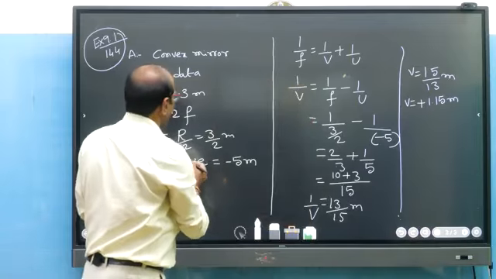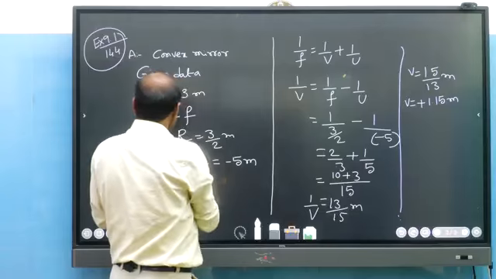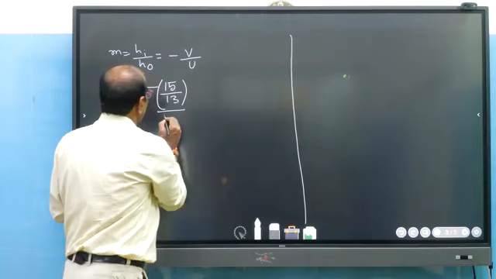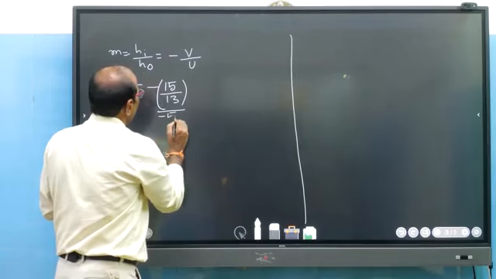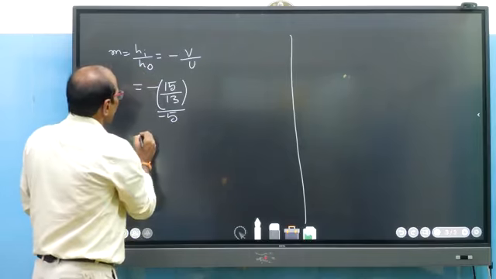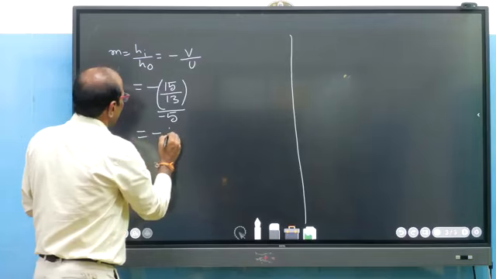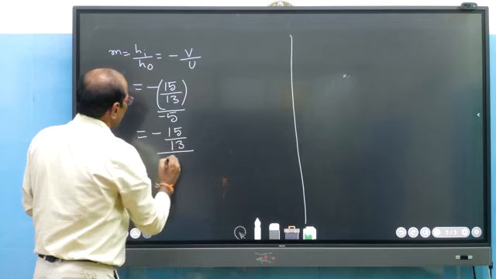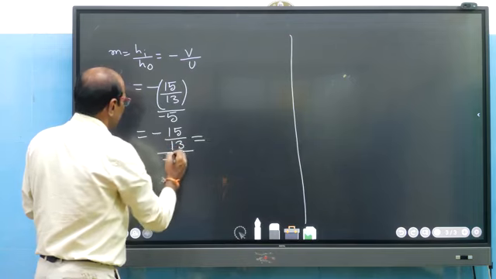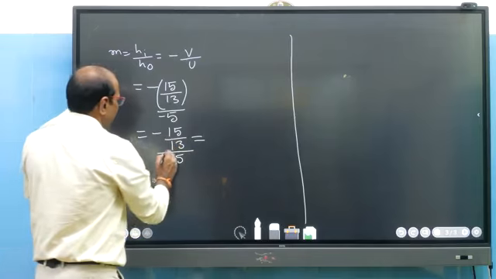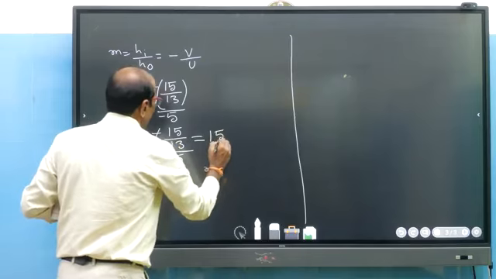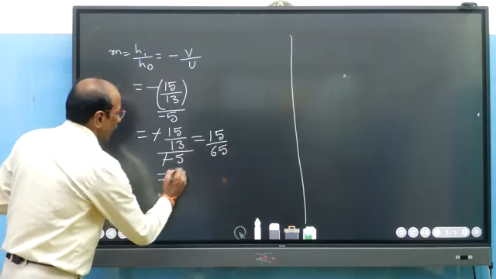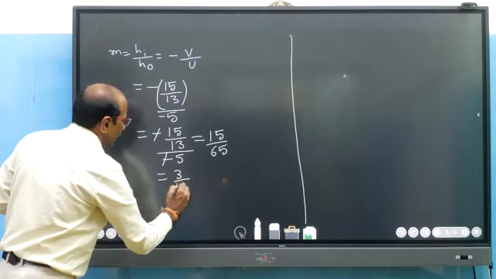The u value is given, minus 5 meter. So you have to calculate minus 15 by 13 divided by minus 5. The minus signs will cancel. So 15 by 65, which is 3 by 13.